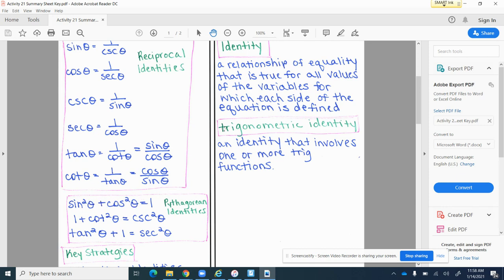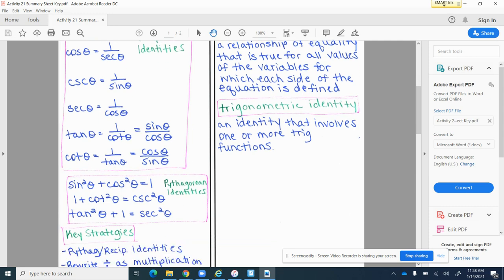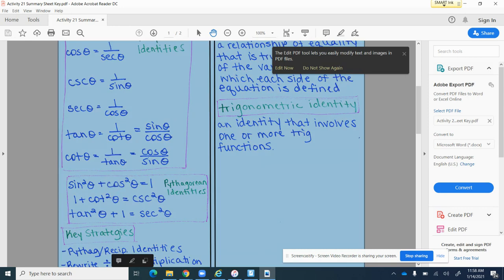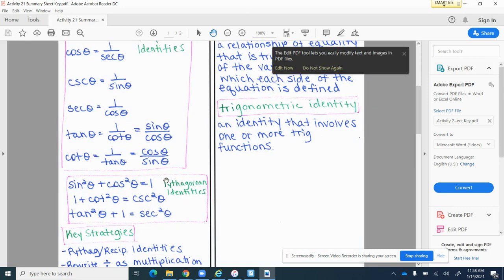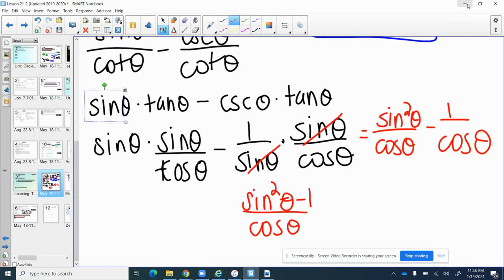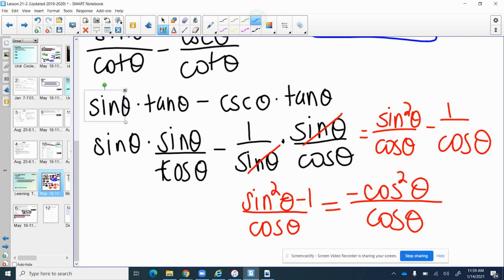What we could say it is, though, is if we had sine squared minus 1, we'd have to move the negative over so that it equaled negative cosine squared when you rearranged. And finally, these would cancel, and you're left with negative cosine of theta.